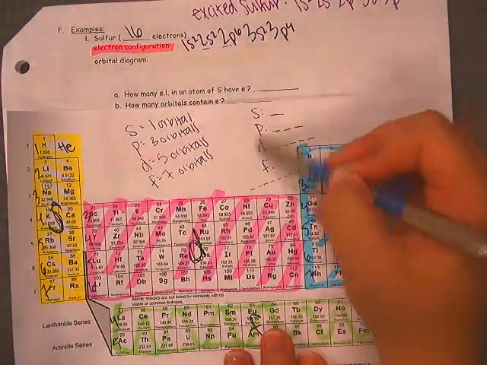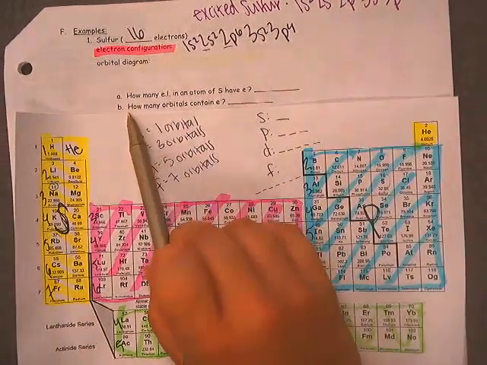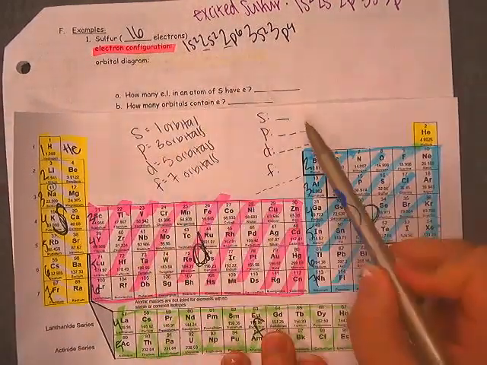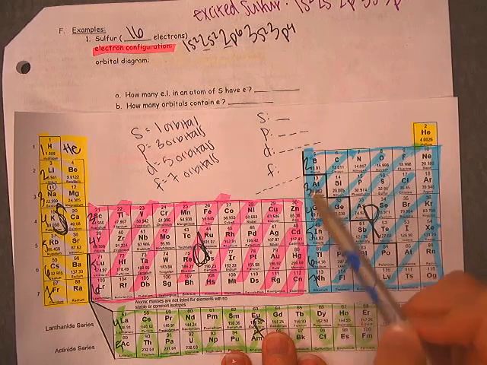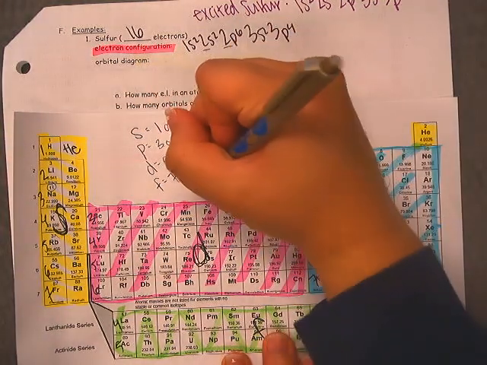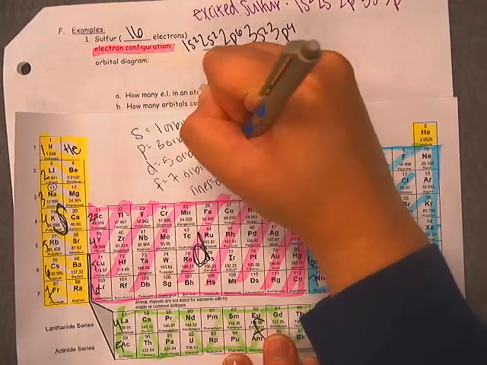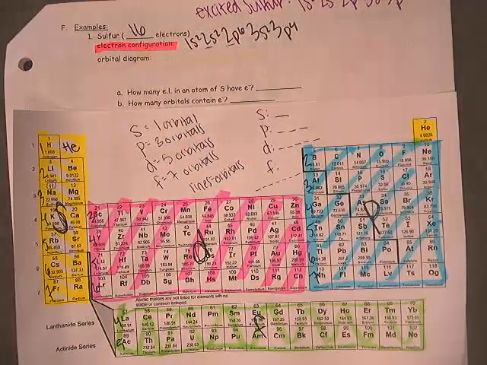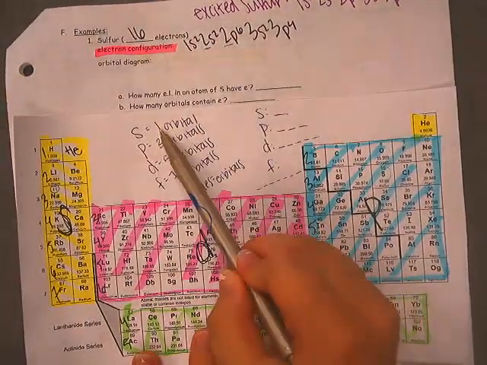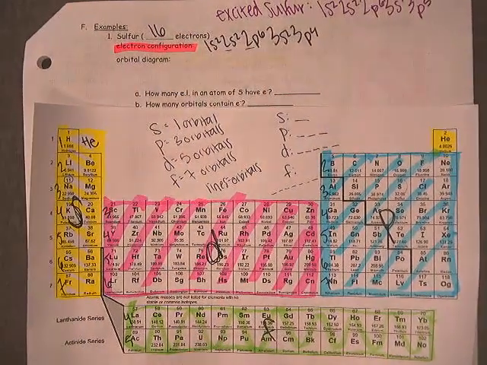So when the question asks something like this, how many orbitals contain electrons, what you're counting is the number of lines. So orbitals are represented as lines. And the reason that the number of orbitals is always half of the number of electrons is because we can fit 2 electrons in every orbital.